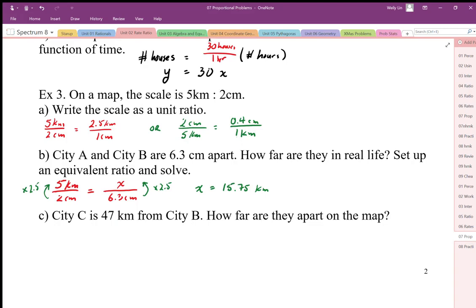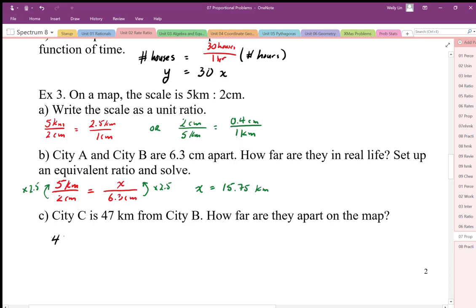We're going to do this next one here. We could have done this, the B, using our multiplying strategy, or unit conversion strategy, or unit analysis. But we're going to show that unit analysis for this next problem. Okay, so we have to start with 47 kilometers, and we want to know how far in map distance we're talking about.